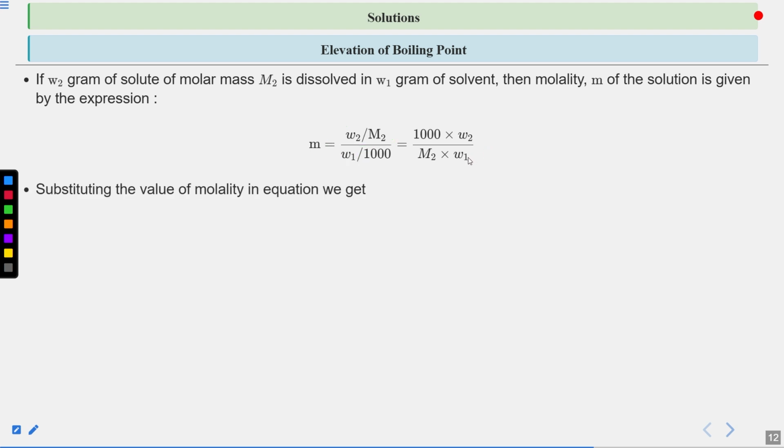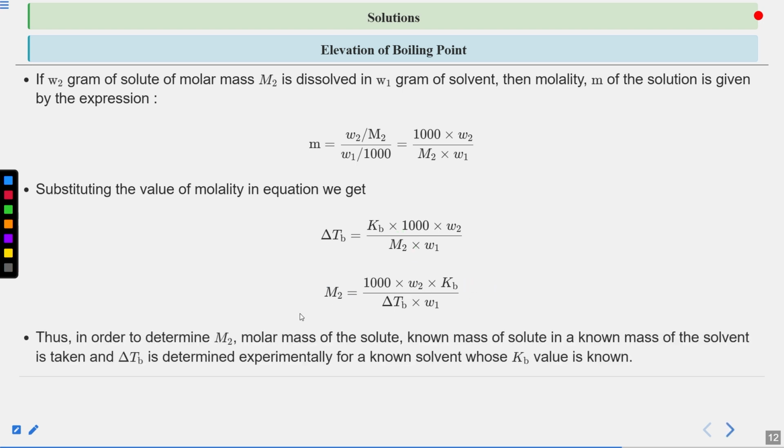Then substituting this value of molality in the final equation, we get delta TB equals Kb into 1000 into W2 by M2 into W1. Our main goal was to calculate the molecular mass of the solute, so M2 can be written as this equation finally.